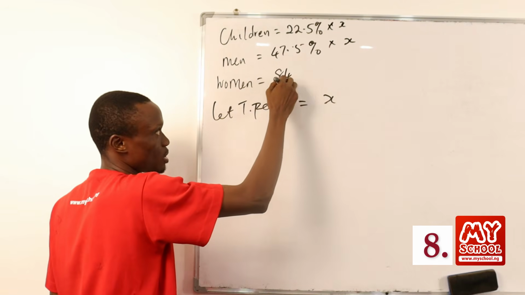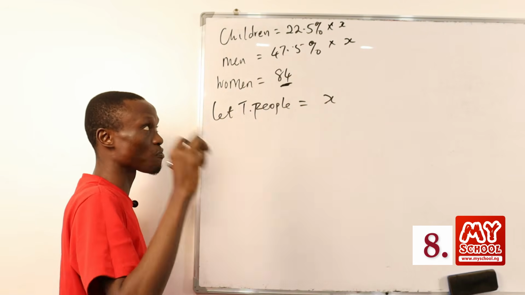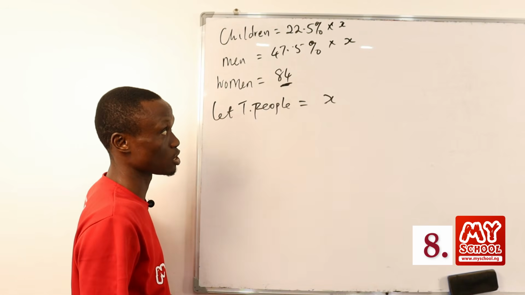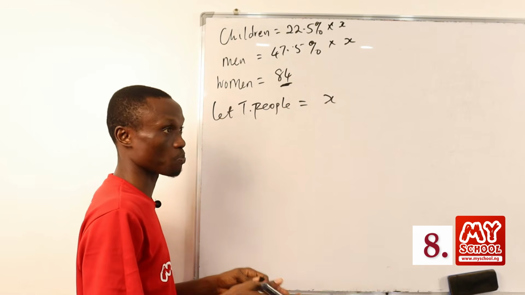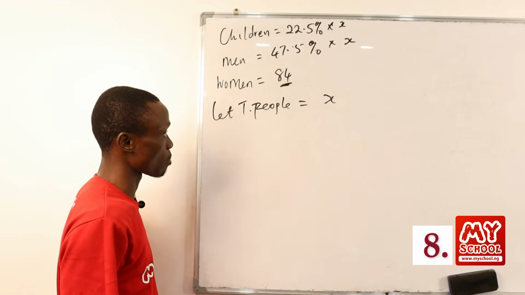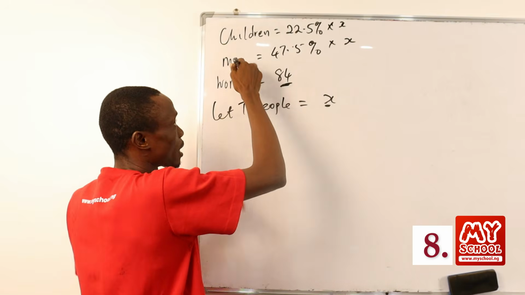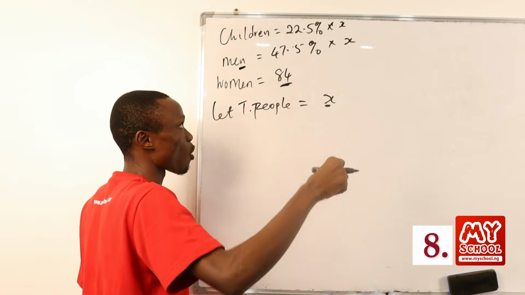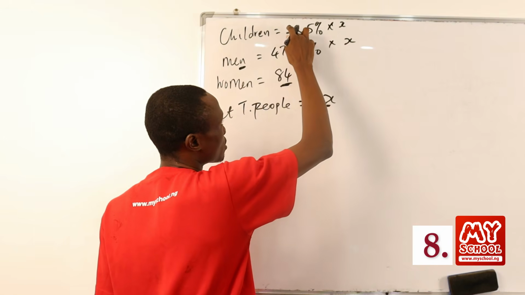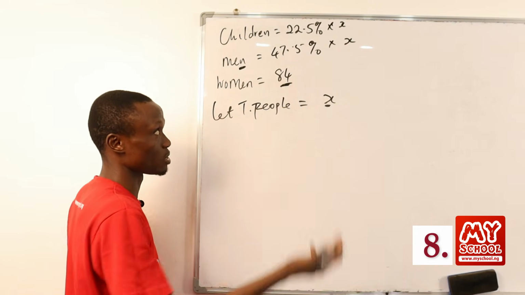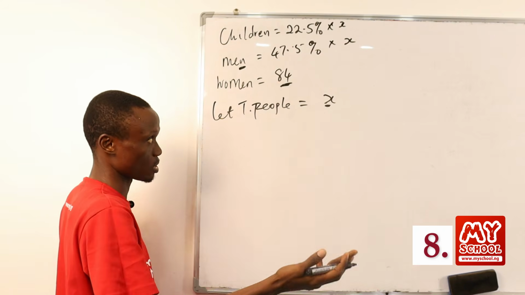But here we have the definite number of women. In this case, the number of women is not in percentage of the total number of persons in the cinema hall. Remember that 22.5% simply means 22.5 all over 100, the same thing with 47.5%, right?